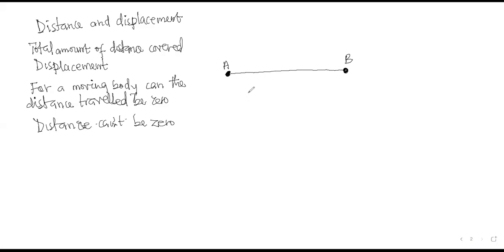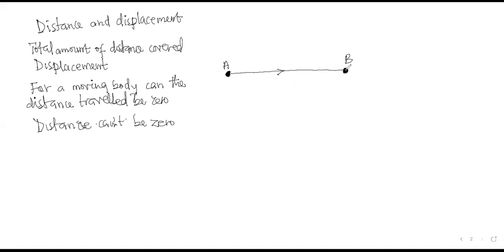All right. Over here, she moved from A to B. So if you ask me to calculate the distance covered, it is just the amount of travel between A and B. If you ask me to calculate her displacement, it will also be the same as the distance.